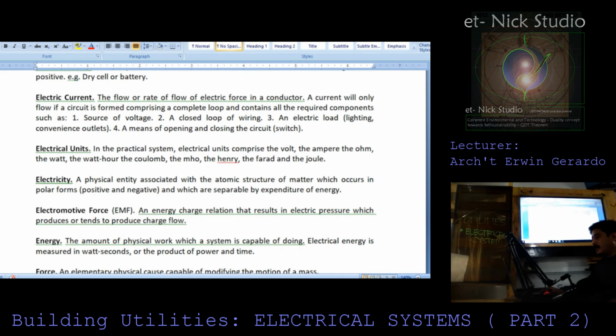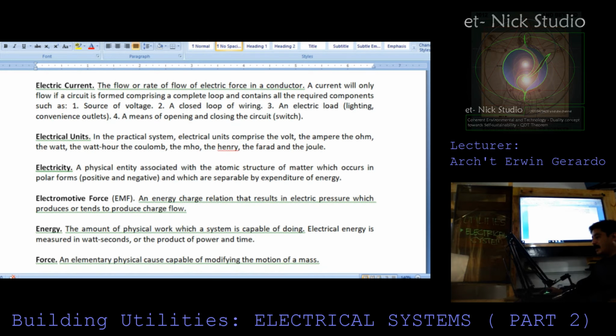Electrical units in the practical system. Electrical units comprise the volt, the ampere, the ohm, the watt, the watt-hour, the coulomb, the mho, the henry, the farad, and the joule.